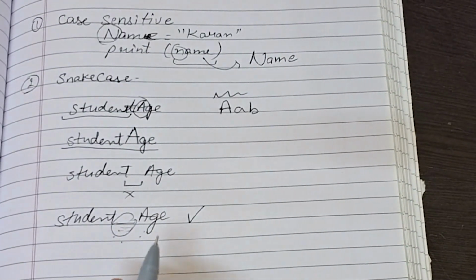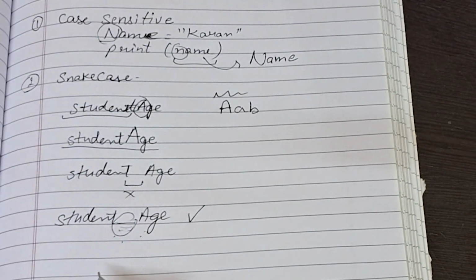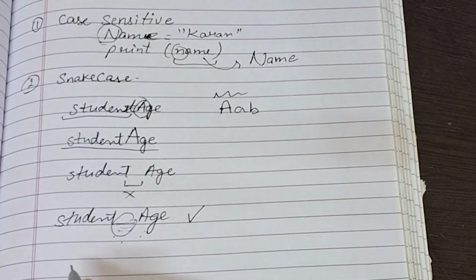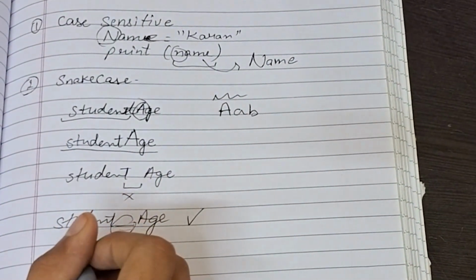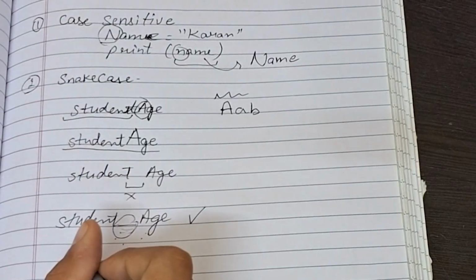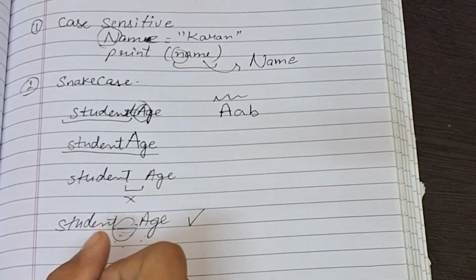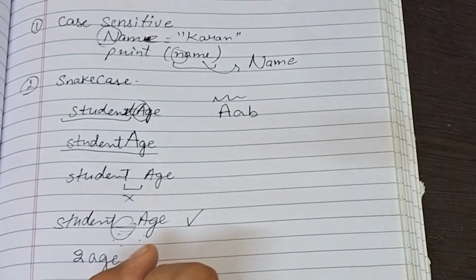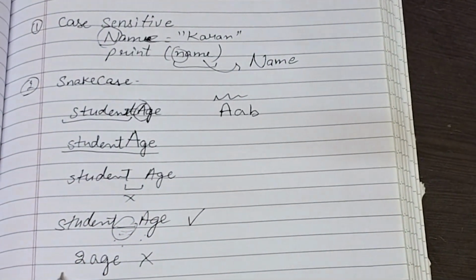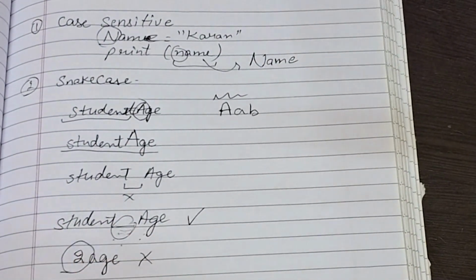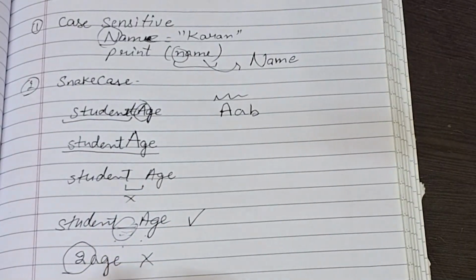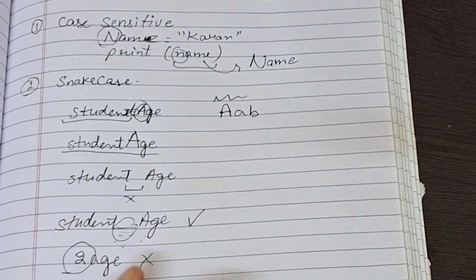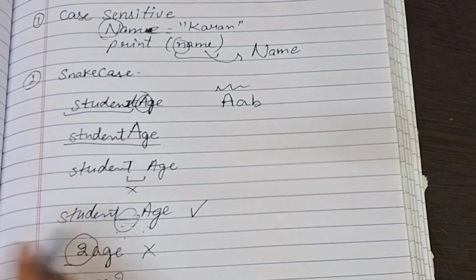So the next thing is a variable name cannot start with a number or integer. You cannot start a name like this: 2age, this is a wrong variable name. A variable name never starts with a number. You can do it like this: age, then you can write 2 here.